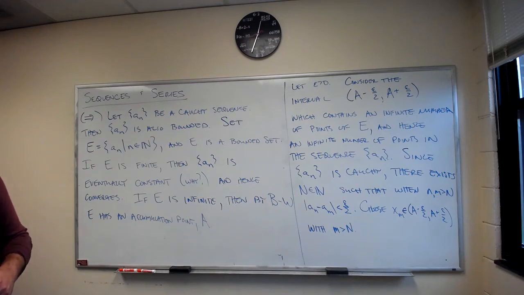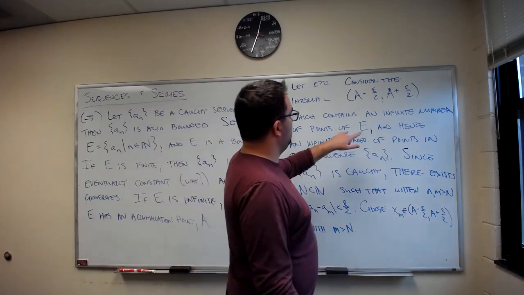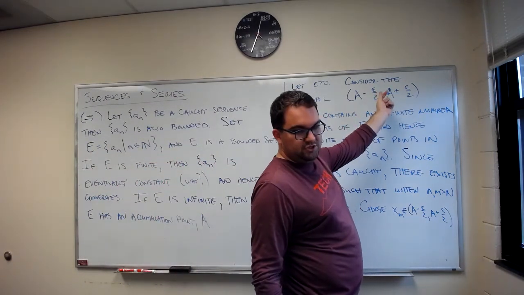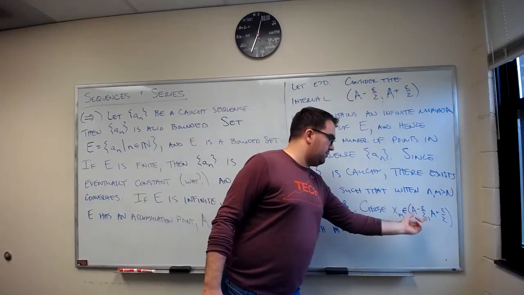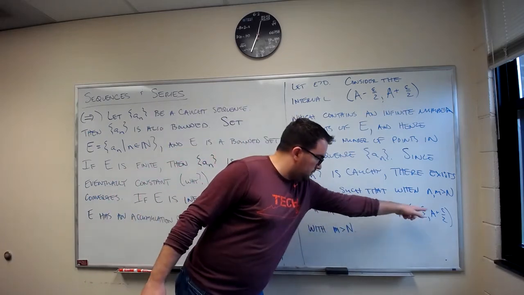If I go out far enough in my sequence, I'm going to end up within this epsilon range anyway. As I go sufficiently far out, those points will be close, and so it'll be in this interval.